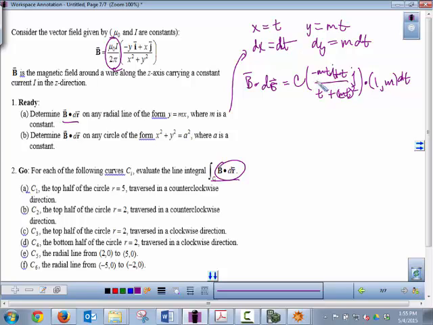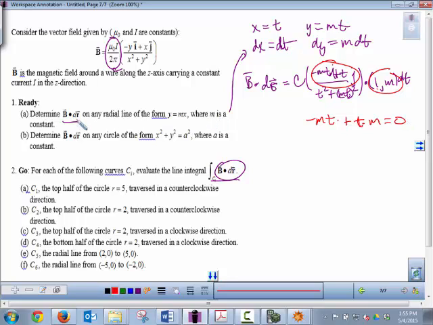And so if we just focus on the dot product here, we have minus mt times 1 plus t times m. If we just take that dot product, we're going to get negative mt plus mt, which is equal to 0, right?